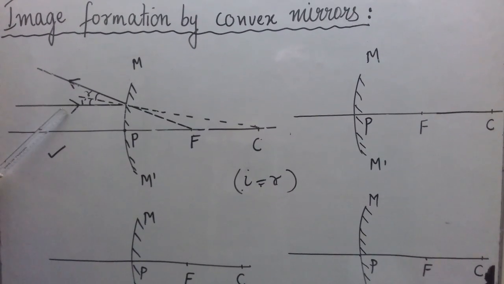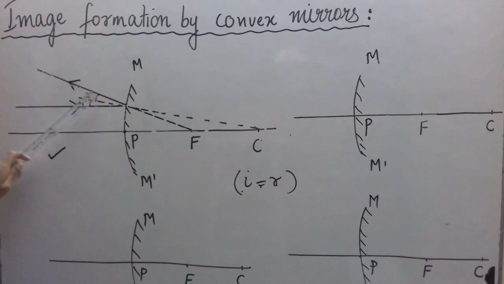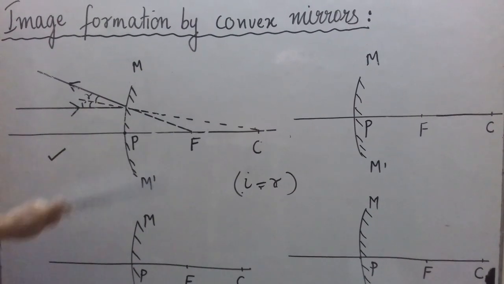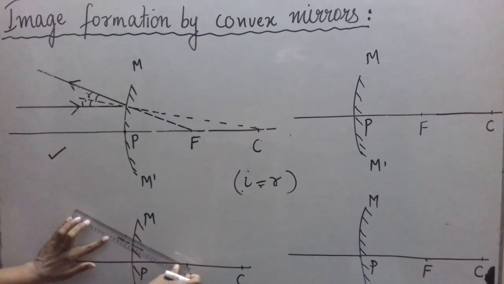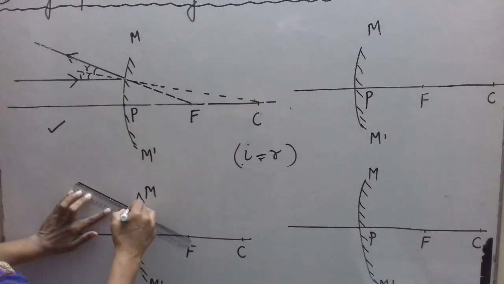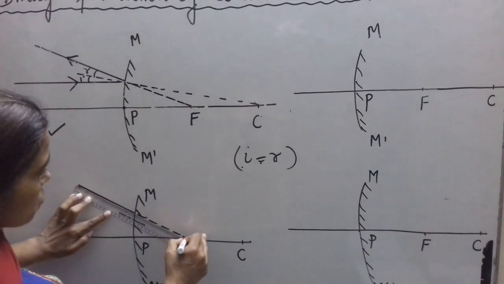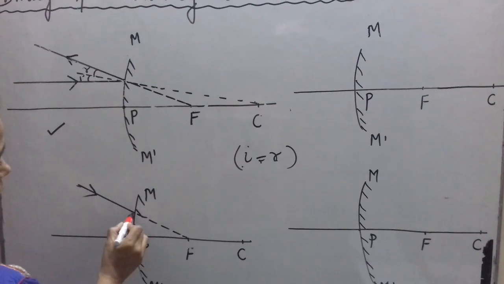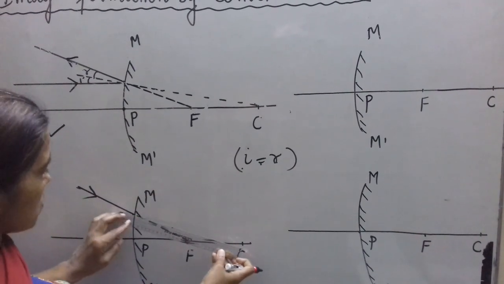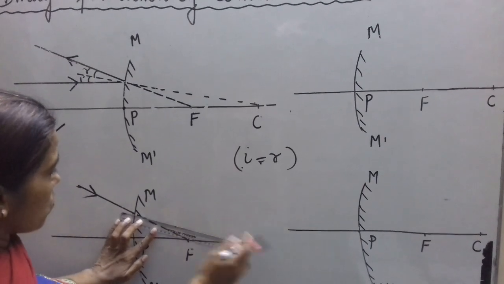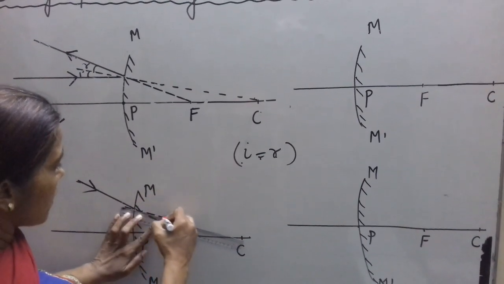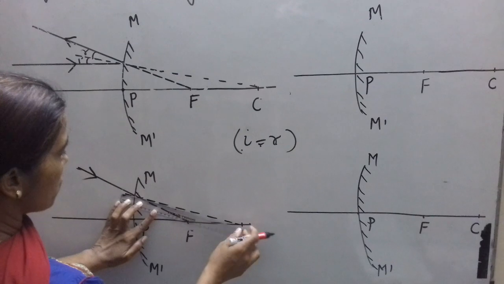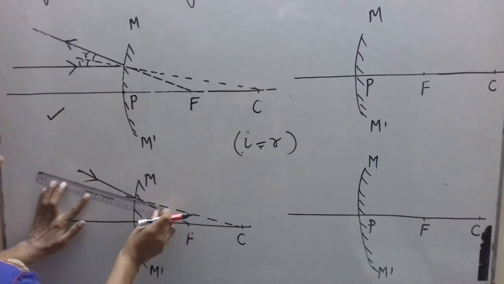So in other words, if I take my incident ray directed towards the focus, this is now my incident ray. At this point of incidence, I have to draw the normal. The normal is a dotted line passing through the center of curvature and this point of incidence.